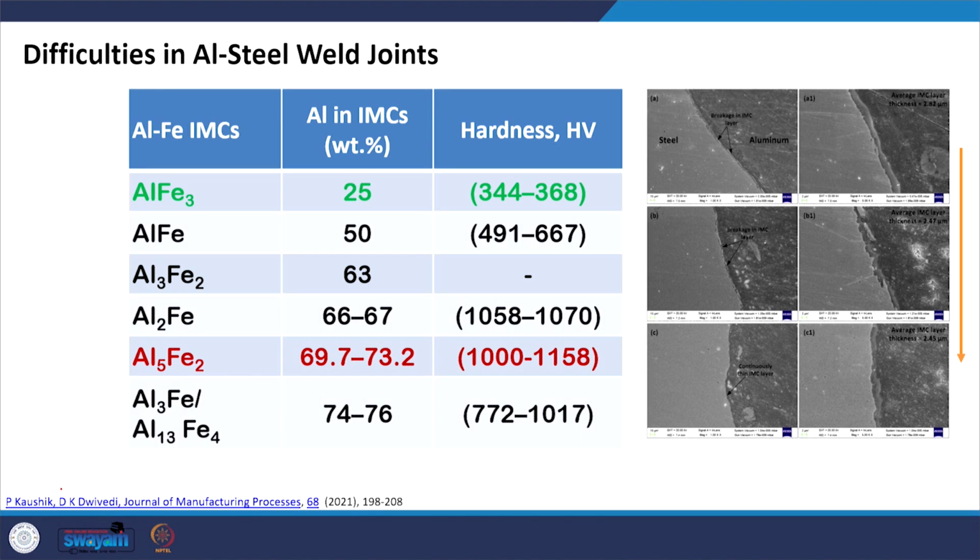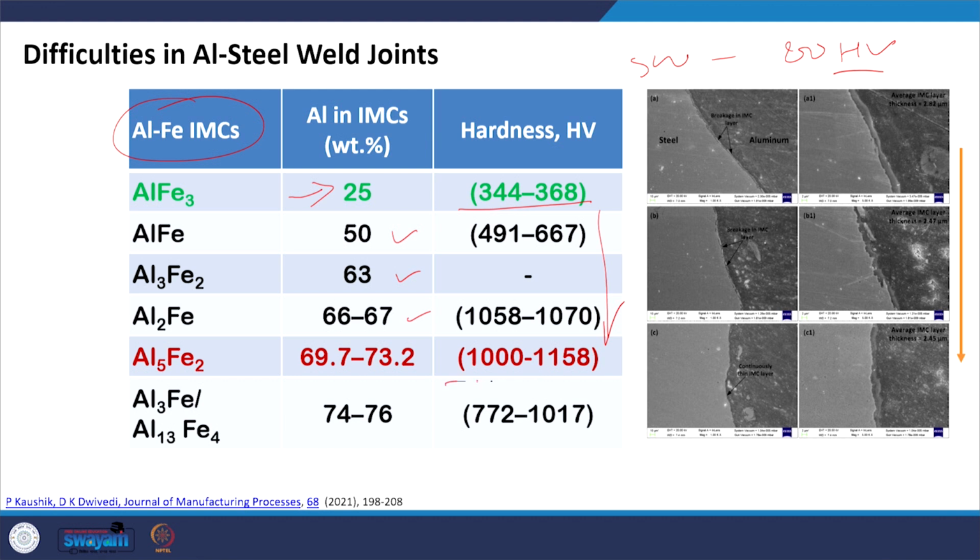Why? Because a variety of aluminum iron IMCs are formed. When the aluminum is less in the IMC, the hardness is limited, 344 to 360. But when the aluminum in iron is more, the hardness of the IMCs formed keeps on increasing. We know that martensite has a hardness of 500 to 700 or 800 HV.